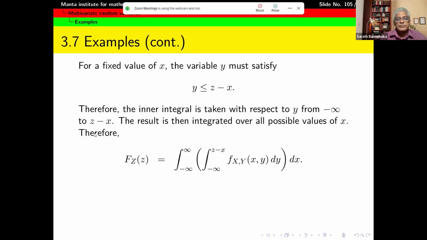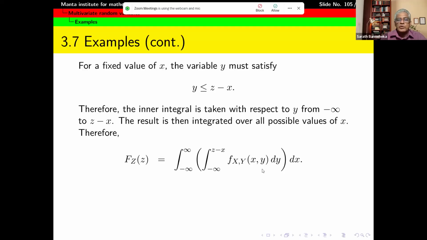So when I am integrating with respect to y, keeping x fixed, the limit of y will be from minus infinity to z minus x, that is, y less than or equal to z minus x.